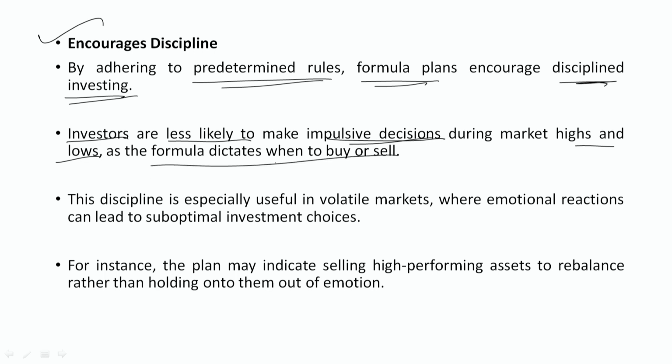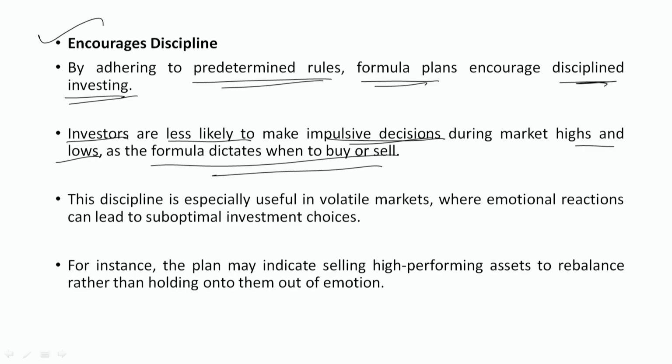So I am taking direct advantage of the changes which are happening in the market, because I have already included all asset categories which have to be part of the portfolio, and it's defined, and I'm just going to change whether I have to purchase or sell so that I maintain those proportions. So that is what is there. So it is a disciplined way of doing things, and it is useful even in a volatile market where emotional reactions may lead to investment losses.